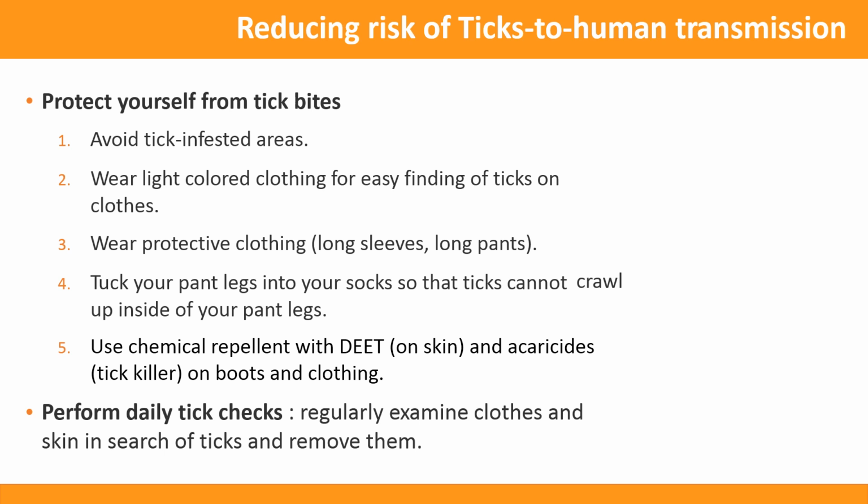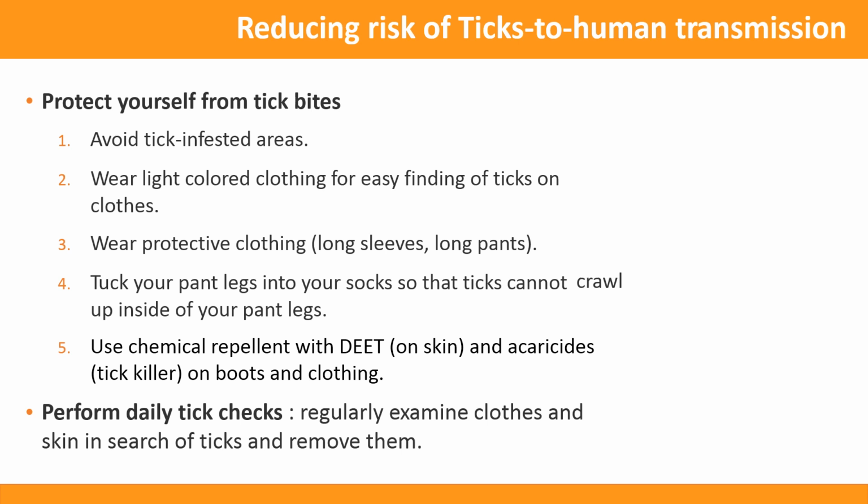You have to wear light colored clothing on which you can see the ticks physically when they come on you looking for blood. It's advisable to wear long trousers and tuck your pant legs into your socks so that ticks cannot crawl up inside your pant leg.